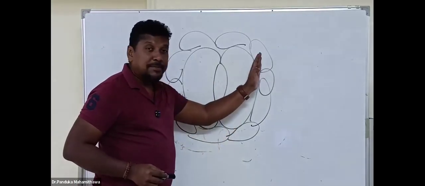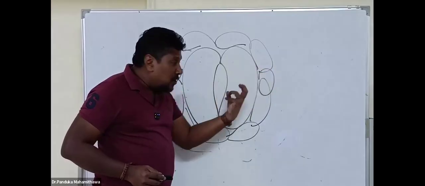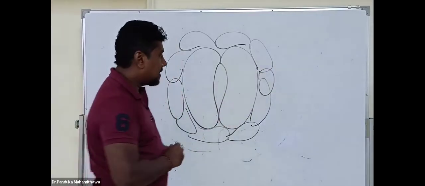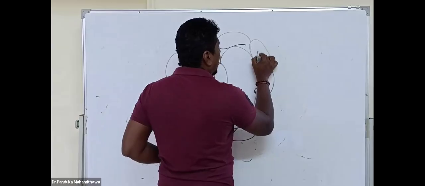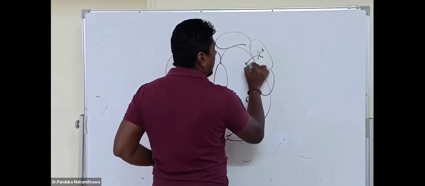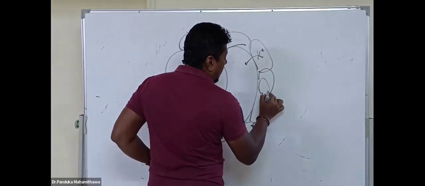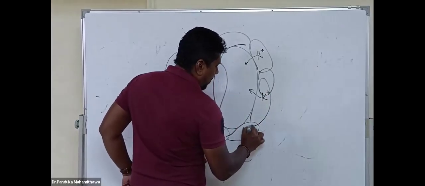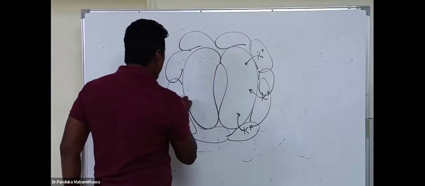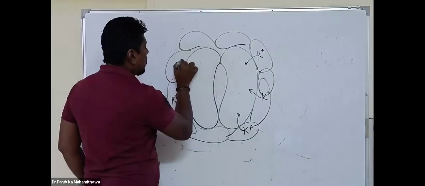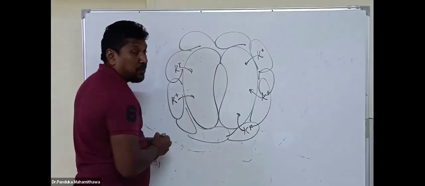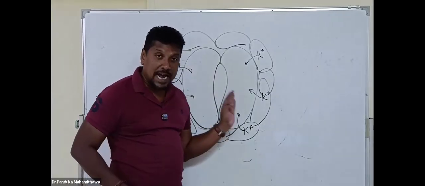The potassium is absorbed into the guard cells. Potassium is absorbed into the guard cells actively, right? Potassium taken in.